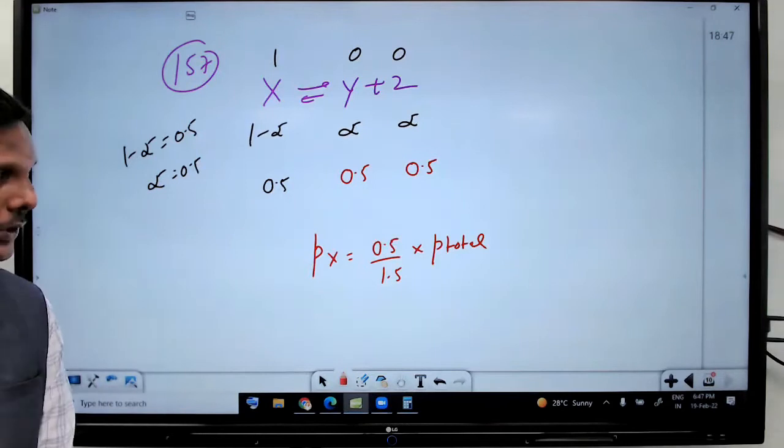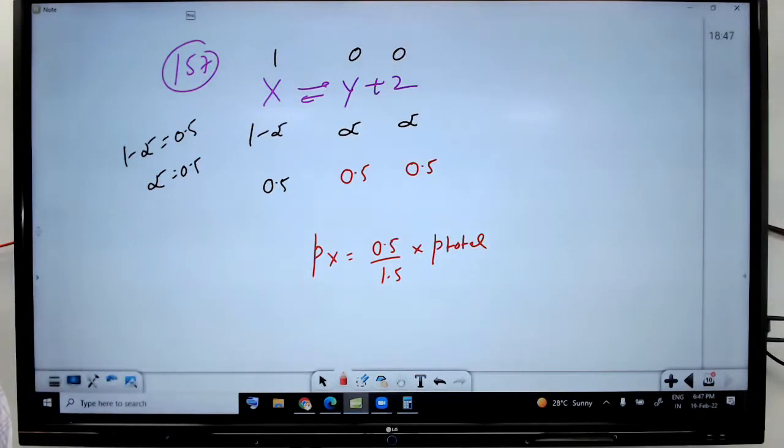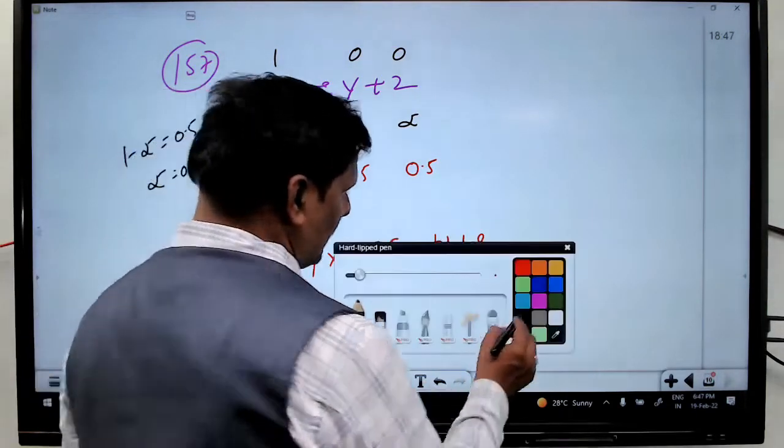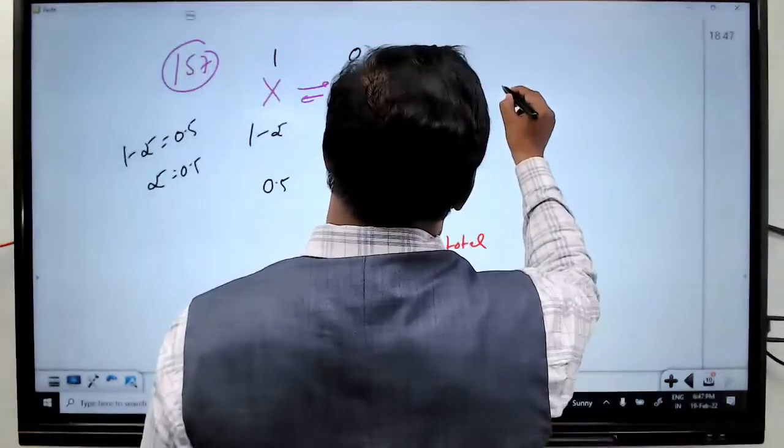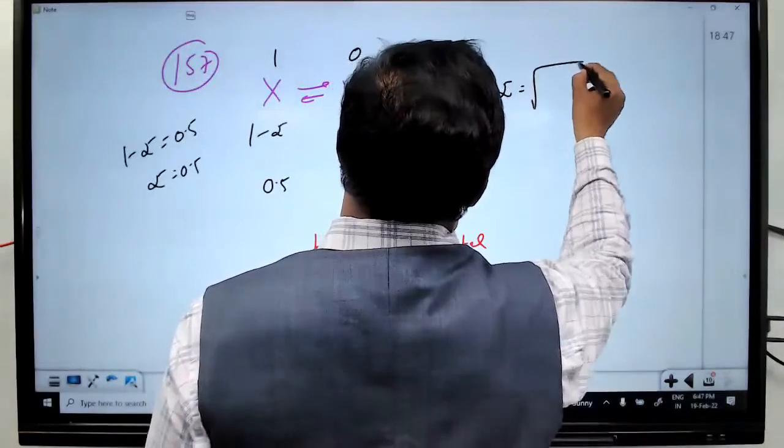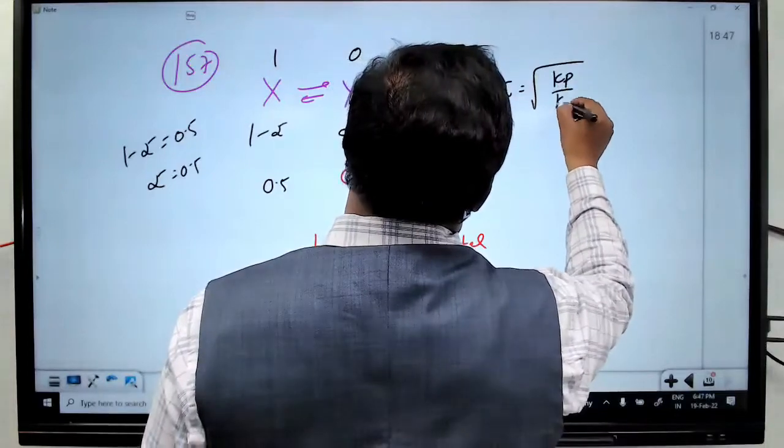If you calculate P total, then the remaining is okay. I will find out P total for this reaction, so you go for this reaction. Alpha is equal to, can you go for Kp by Kp plus P?